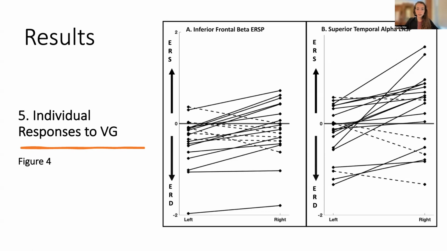And 13, or 65%, of participants showed both a positive AS, or a relatively higher right beta band, and decreased left IF beta power, so negative here and positive slope here.